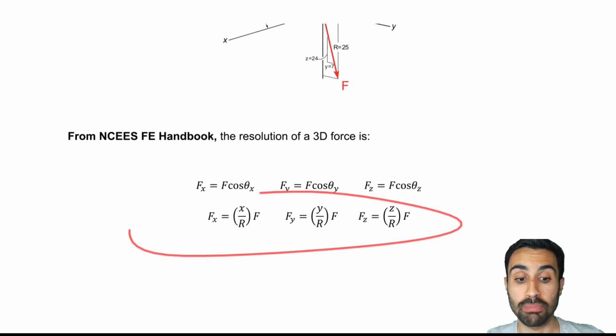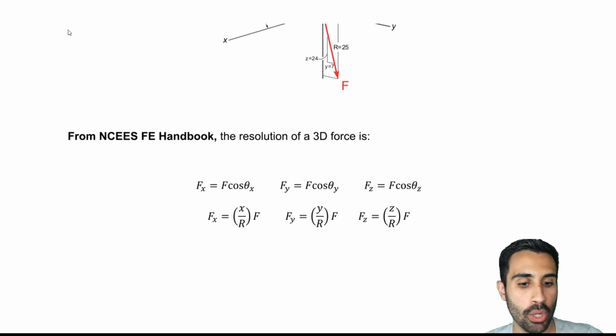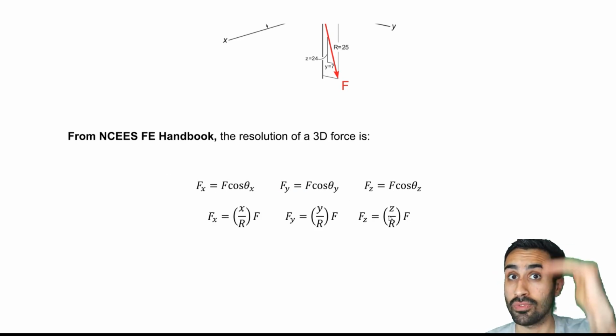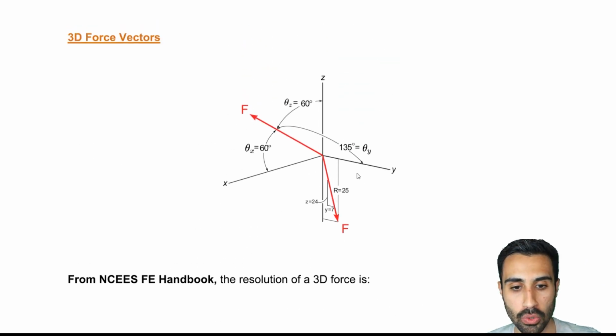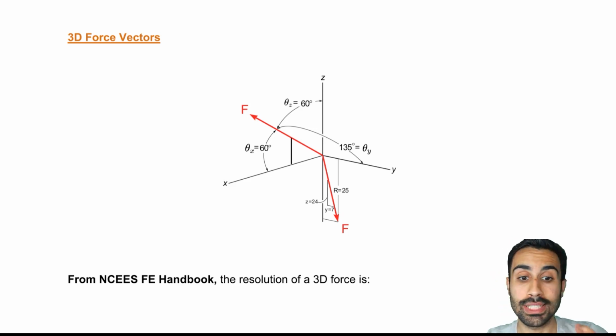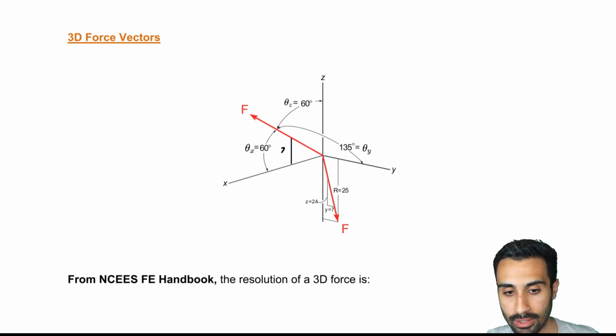Also, when we're dealing with small slope triangles in 3D, we have the x, we have the y, and now we have the z direction for that triangle. We can visualize this for this force here. This is going up and down, so this is the z. We put a z value here.